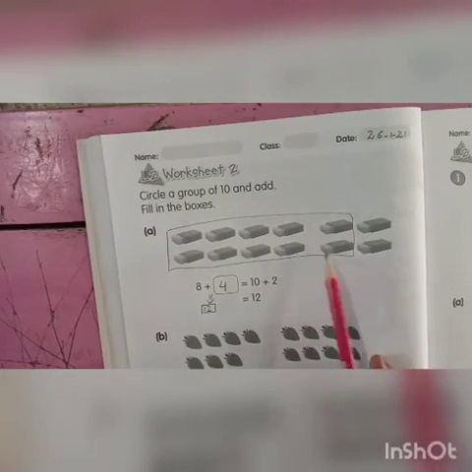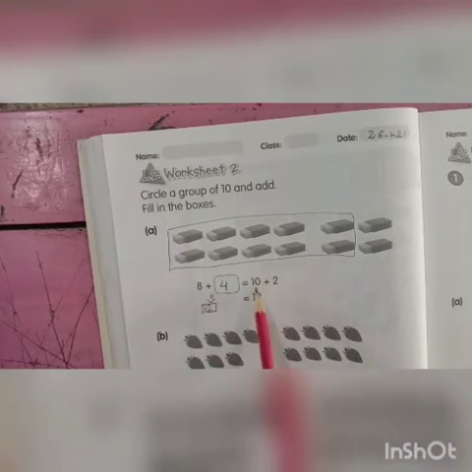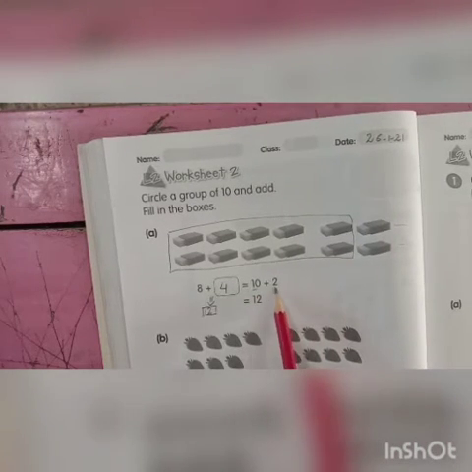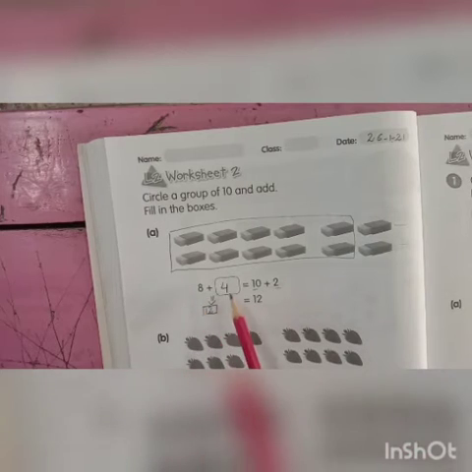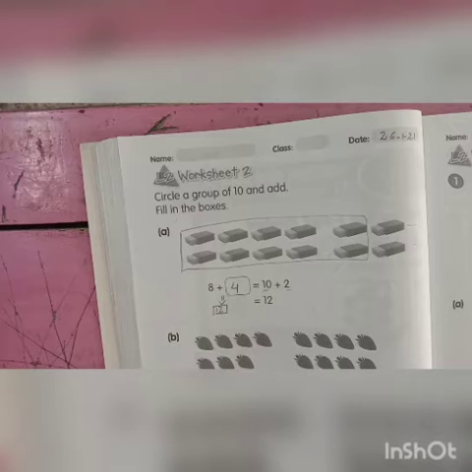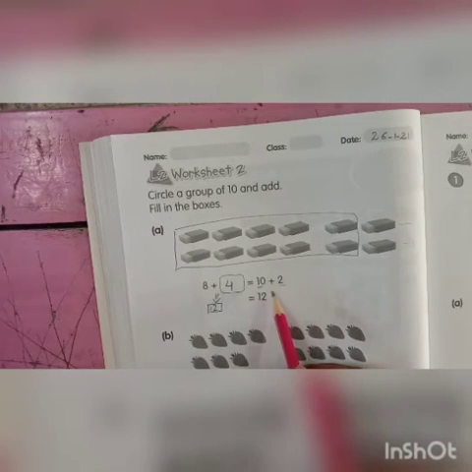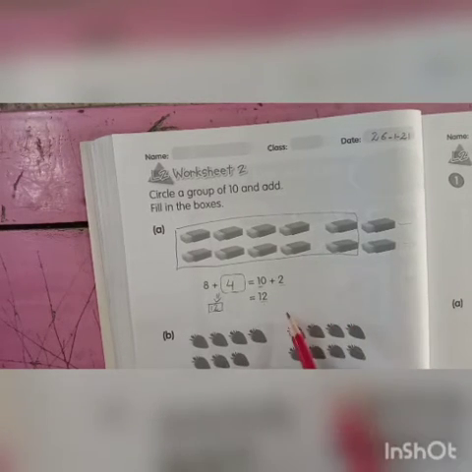Now when we circle 10 erasers, how many erasers are left? 2 erasers are left. 10 is written here, 2 is written here. When we add 10 and 2, we get 12. Same answer: 8 and 4 make 12, 10 and 2 make 12. So they are telling us that there are different couples of numbers that we add and we get the same answer, like this.